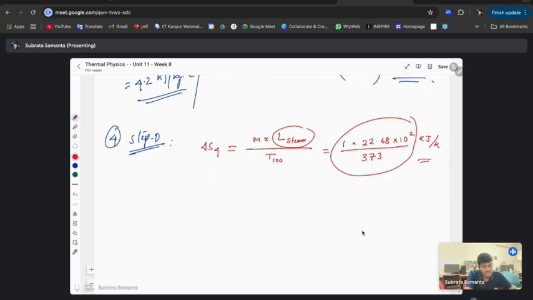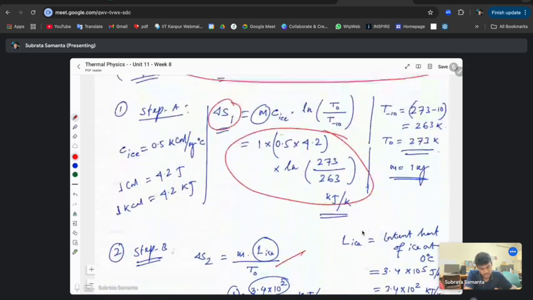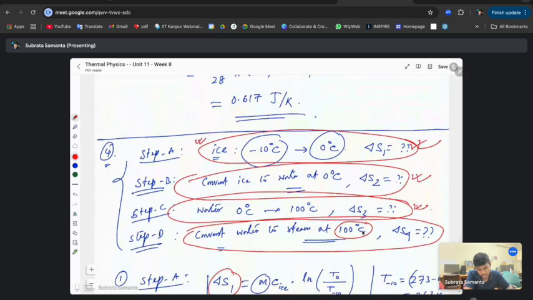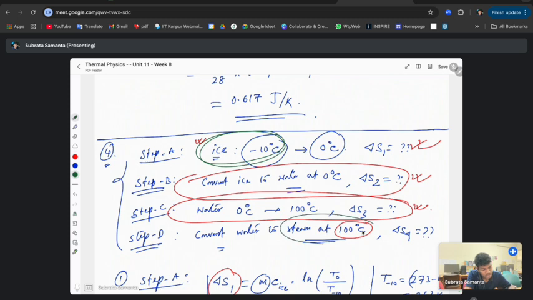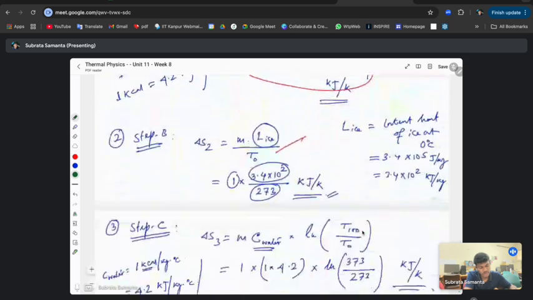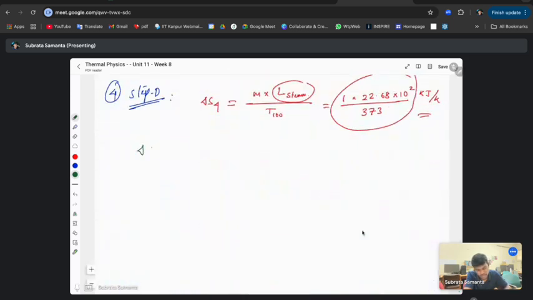Now the total change in entropy for the entire process, ice at minus 10 degrees centigrade to steam at 100 degrees centigrade. The total change in entropy is delta S1 plus delta S2 plus delta S3 plus delta S4, because entropy is an additive property, so we add the entropy for the four individual processes.